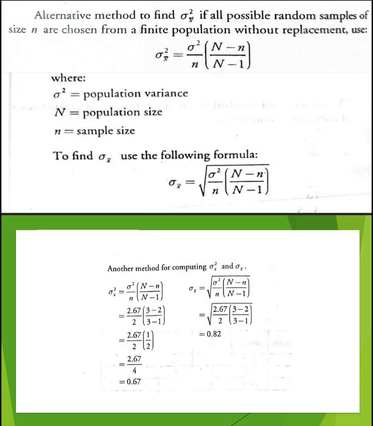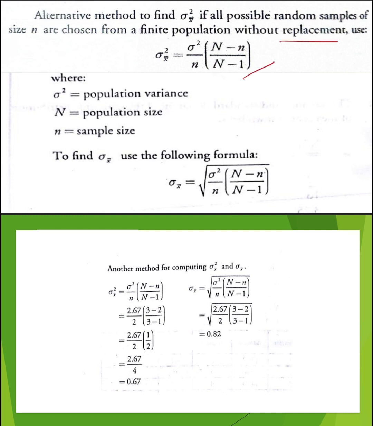Now, let me show to you guys an alternative method to find the variance of the sampling distribution of mean if all possible random samples of size n are chosen from a finite population without replacement.